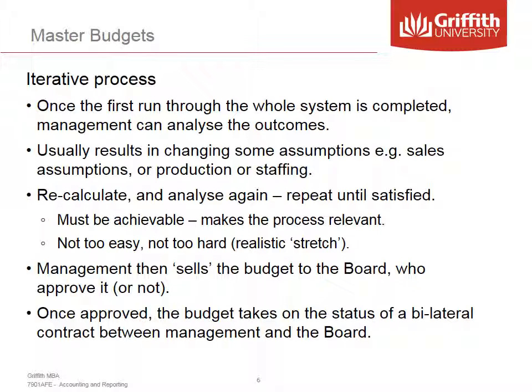What we have to do is recalculate and analyse again, and we go through this iterative process until we eventually get a set of budgetary papers which we can analyse and look at and confidently say, yes, they're sending our organisation in the direction of the strategic plan. Yes, they represent a sustainable business.